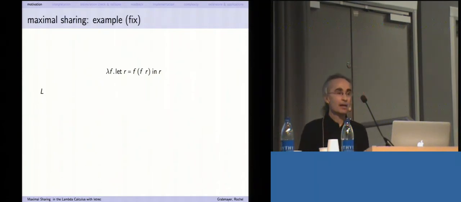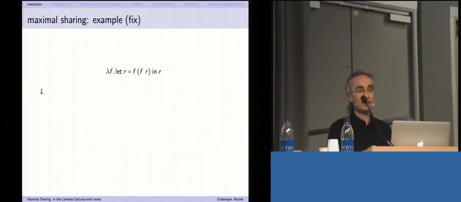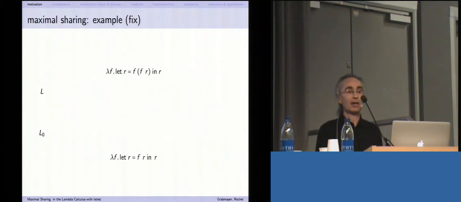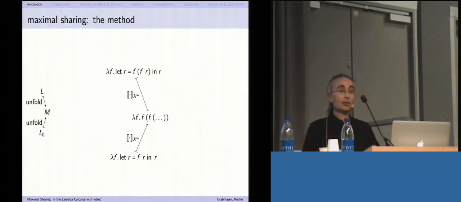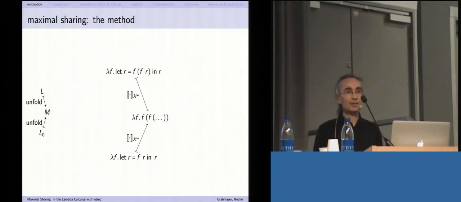Here you see a Lambda letrec term. Actually, it is a Lambda letrec formulation of a fixed point combinator, not a very efficient one, admittedly. But here is another Lambda letrec formulation of also a fixed point combinator. And now it turns out these two Lambda letrec terms have the same infinite unfolding, the same infinite term.